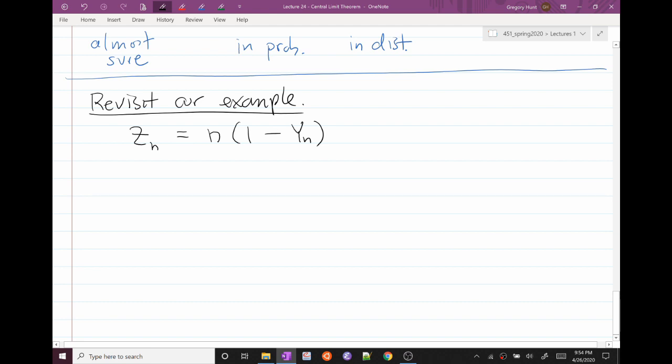We're defining a new sequence of random variables based on those old y sub n. Recall that y sub n was the maximum of the first n of the x's, and the x's were IID uniform 0, 1.